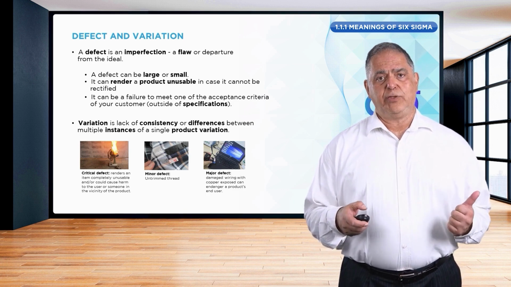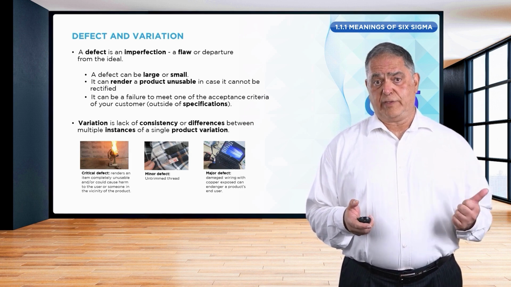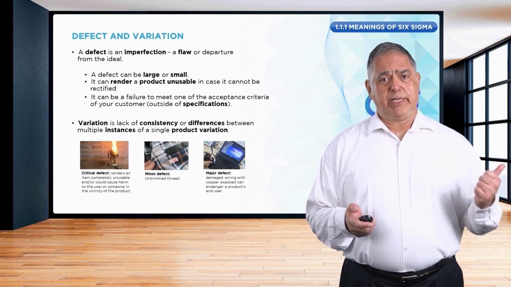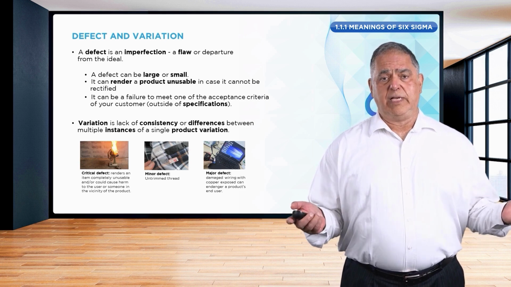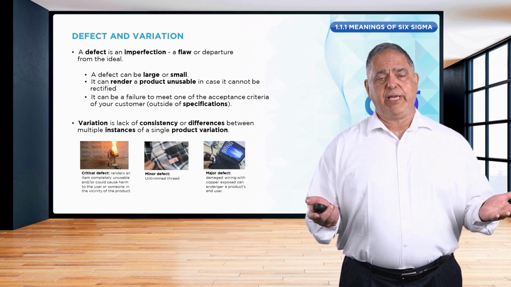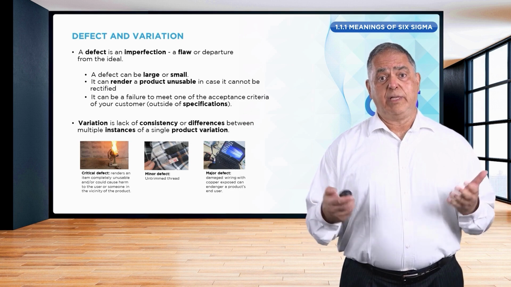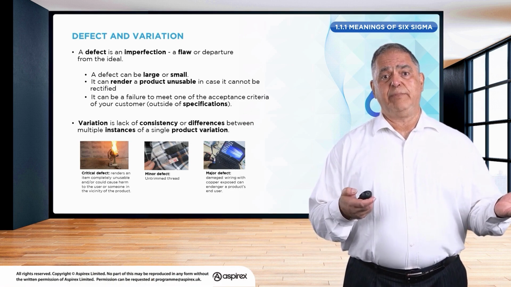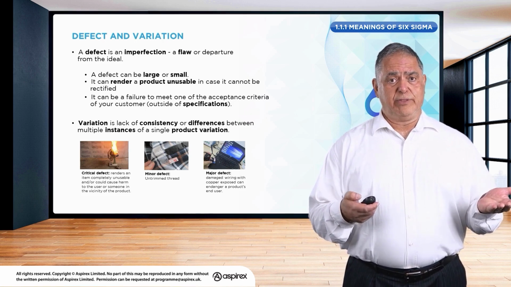What is variation? We're going to come across this term several times during our course. Variation is a natural phenomenon that is everywhere around us. There is variation in processes, there is variation in measurements, there is variation if you compare similar species or people of the same gender.